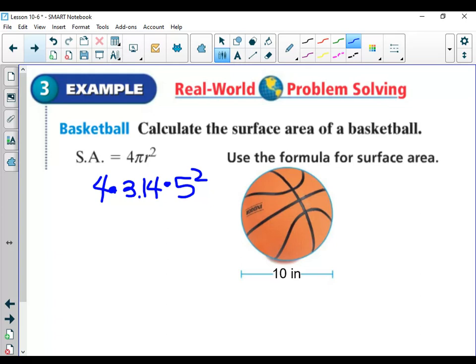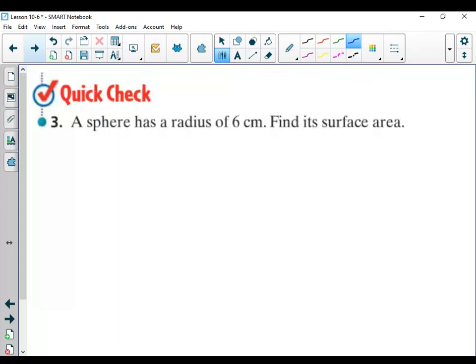Anybody get this? I got 314 inches. Last one. Oh, it says radius this time, so you can use 6.